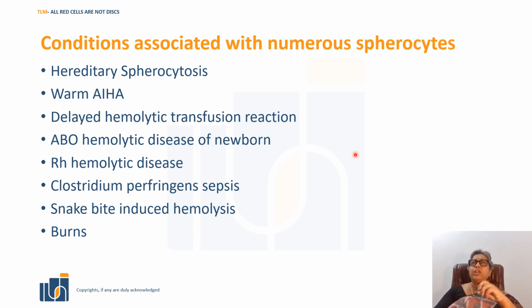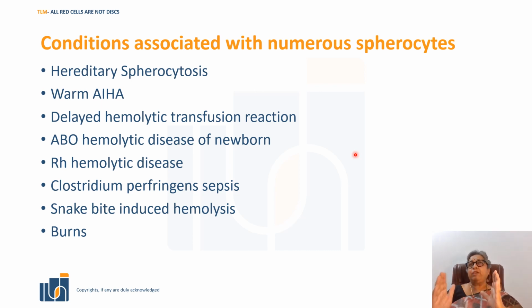So if you find numerous spherocytes across the smear, and if they're uniform in nature, same size, looking beautiful, then it is hereditary spherocytosis. Hereditary spherocytosis can also give rise to hemolysis, where you will find slightly larger cells or normocytic cells which are spherocytic in nature.